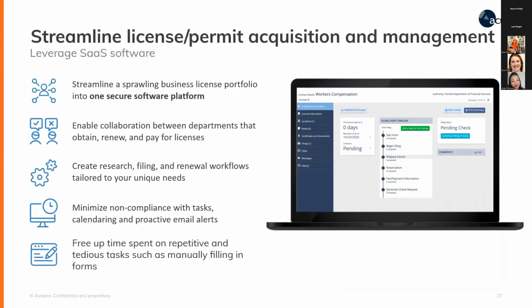We also have another product which is called Avalara License Management or Business License Management, where we're able to support all of our customers with their license and business portfolio.